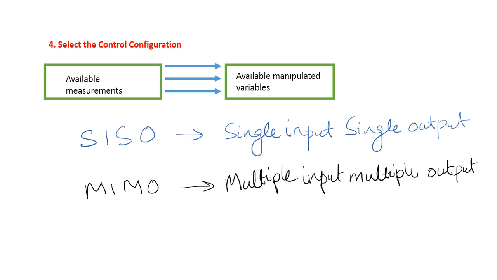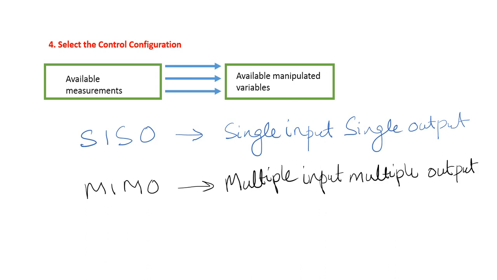Now suppose in the same system, apart from controlling the liquid level in the tank, I want to control the temperature also in the tank. So now I have two outputs, that is, I want to control the liquid level as well as the outlet temperature.